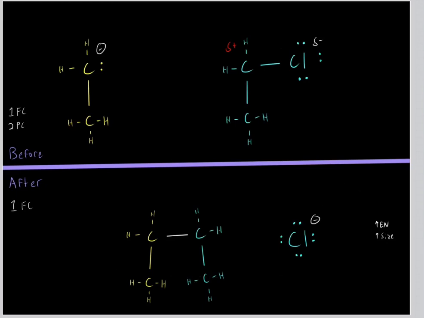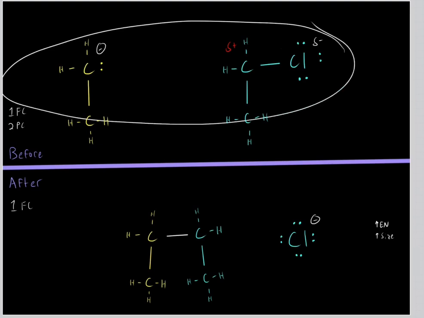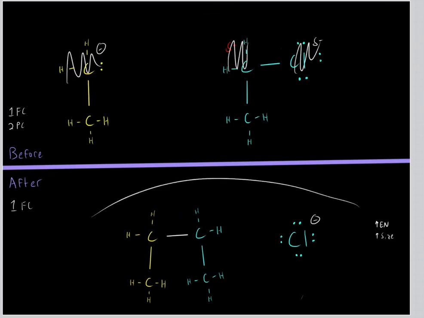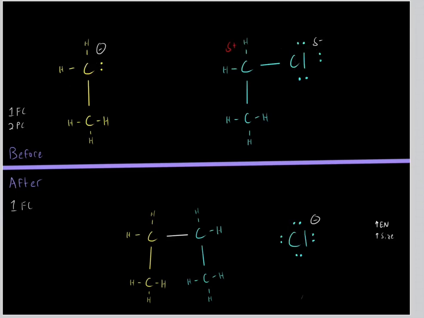Why? Well, if you were to do some accounting, in this original condition, you would see we have one formal charge and two partial charges. However, in these final conditions, we have one formal charge and no partial charges. So we can see in these original conditions, we have a lot more localized charge, and in these final conditions, we have less localized charge. And not just that, if we were to have a formal negative charge on carbon versus chlorine, we would want that negative charge on chlorine.